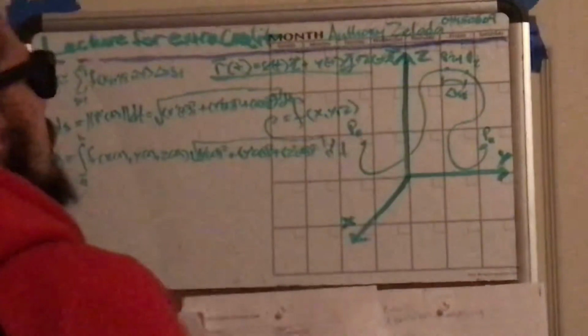Don't forget your dt. And that's the formula you'd use to find the exact mass of that wire. And that's what calculus line integral is about.